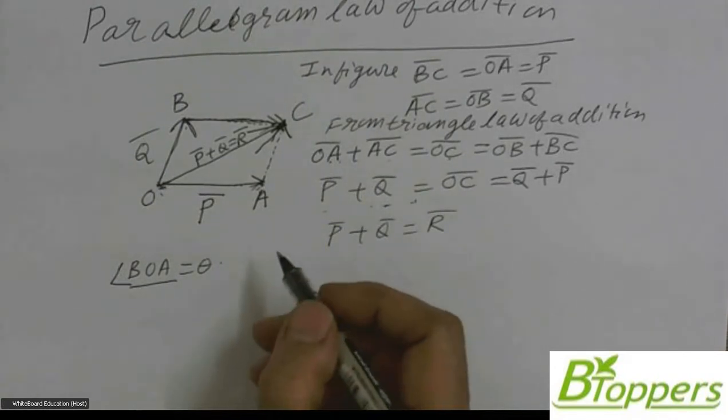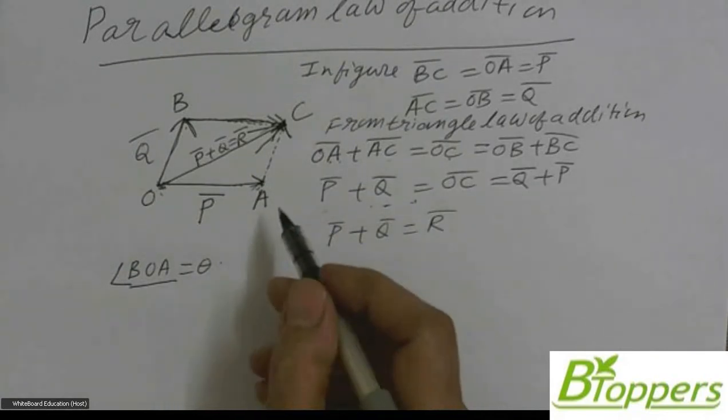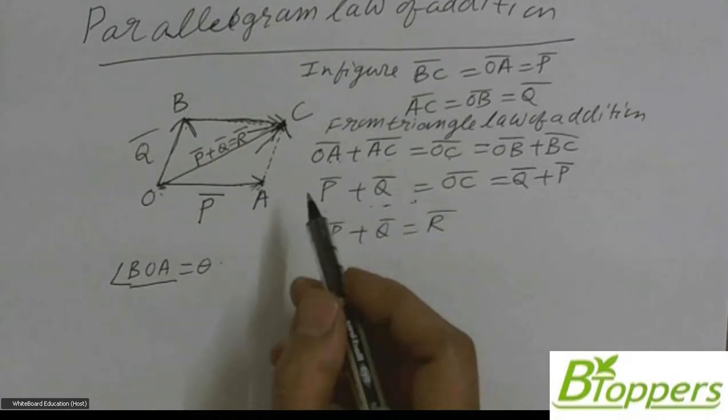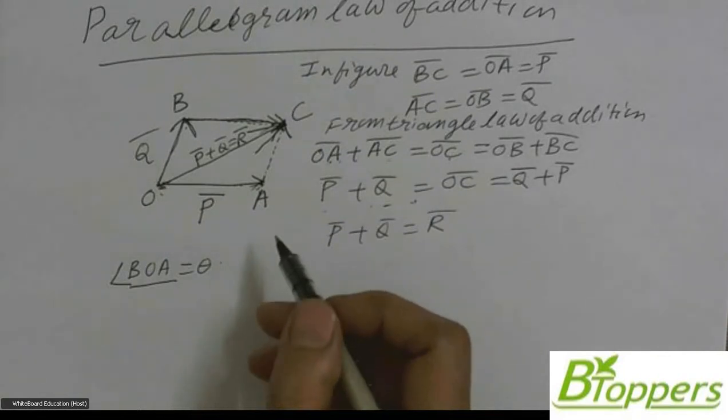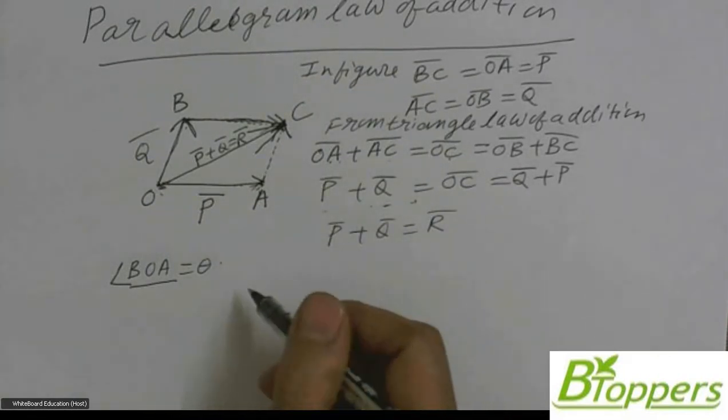So in intermediate classes, we might have studied the derivation for the magnitude of the resultant of the two vectors in terms of the magnitudes of the two vectors and the angle theta between the two vectors.